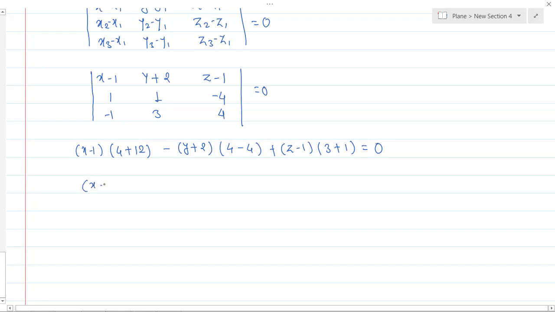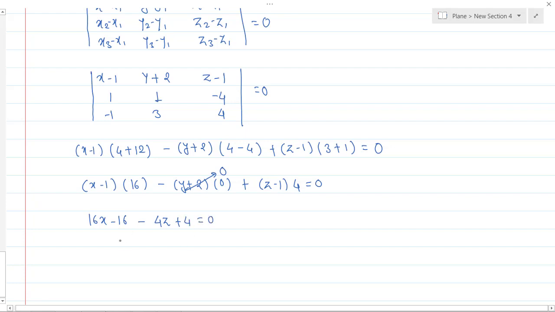So (x minus 1) into 16, minus (y plus 2) into 0, plus (z minus 1) into 4, equals 0. Then you get 16x minus 16, minus ये तो अपना 0 हो गया, plus 4z minus 4, equals 0.